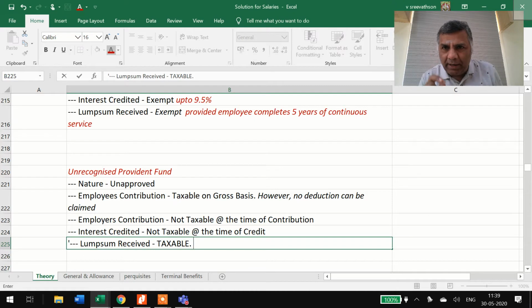What does the Provident Fund give me back? I contributed some money, they are giving me that back, and the interest for that. My employer contributed some money, they are giving it back, and the interest for that.